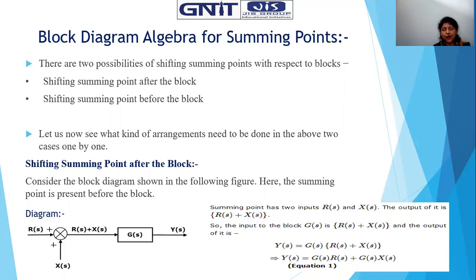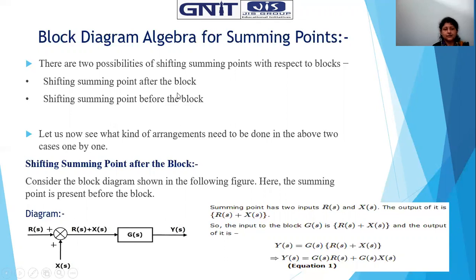So while you are getting the summing point, your objective is to shift the summing point towards the left. While you are getting the takeoff point, most of the times you may shift that takeoff point towards the right, and then your solution will be easier. Just note it down.